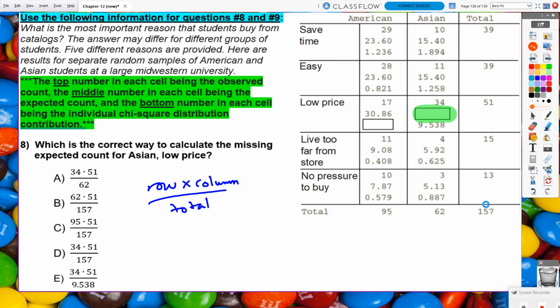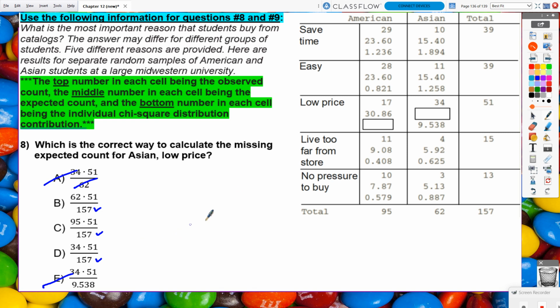So the grand total is 157. So we know the bottom number needs to be 157. And that's not true for answer choice A. It's true for B, it's true for C, it's true for D, but it's not true for E. So we've already whittled this thing down to a 1 in 3 guess instead of a 1 in 5 guess.